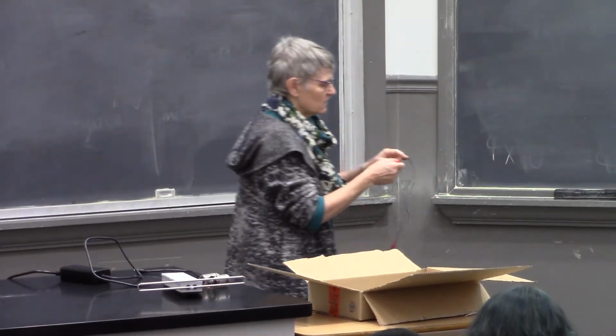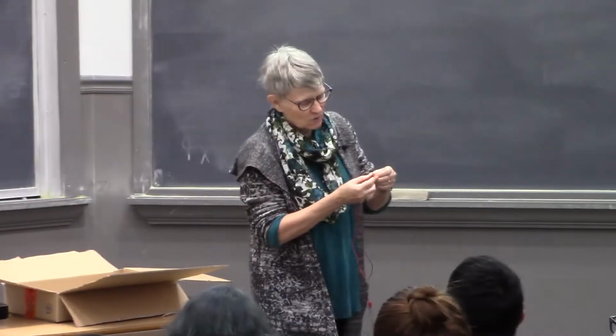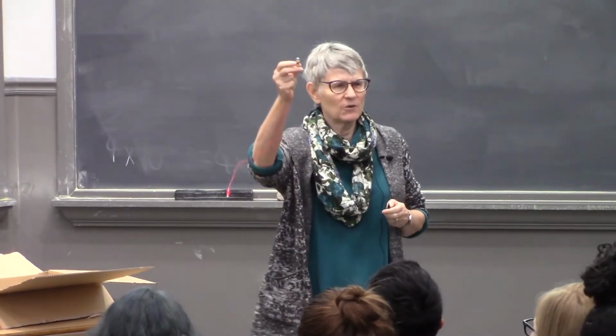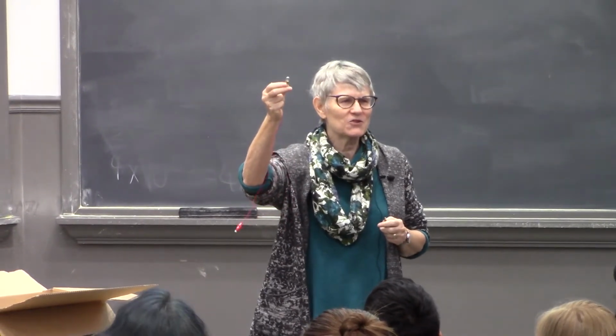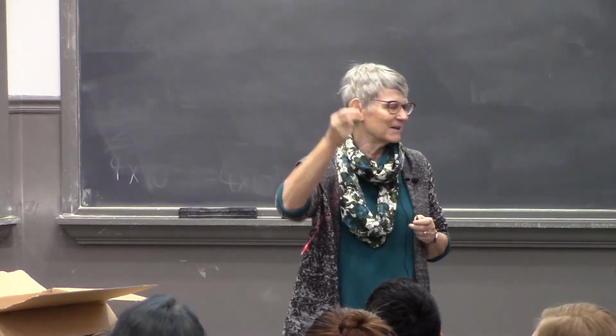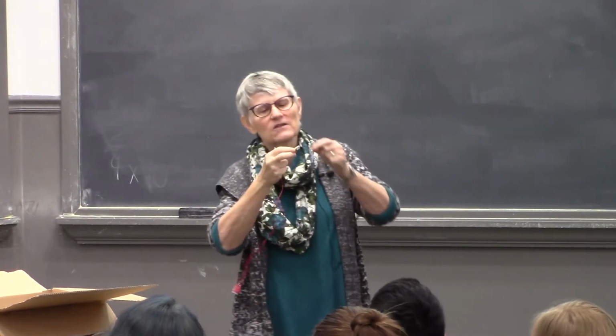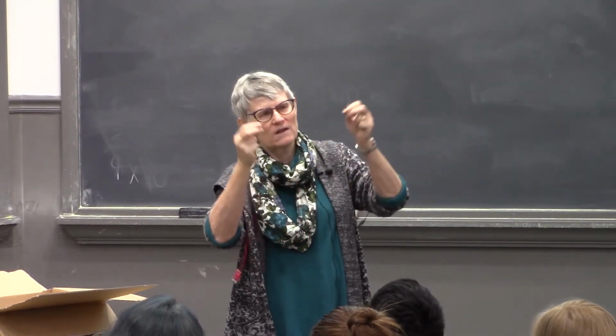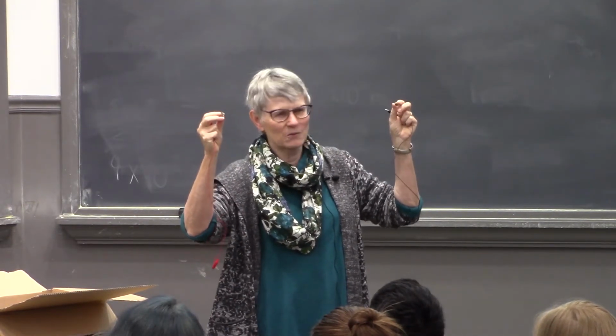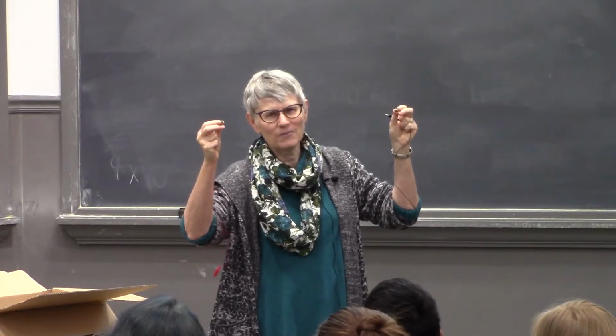So here is an old style light bulb, an incandescent light bulb, the kind with a filament, the kind that flashlights used before LEDs. And you're going to get really familiar with this equipment because you're going to be using it in lab a lot.